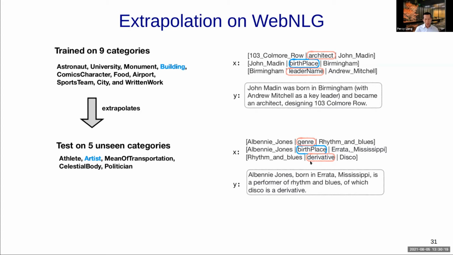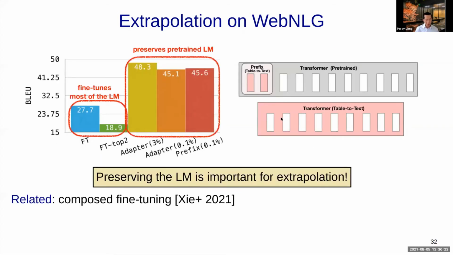So if you train on a disjoint set of categories and then test, we see something kind of interesting: adapter tuning and prefix tuning, which are the methods that preserve the LM as much as possible, work a lot better than full fine-tuning or fine-tuning only a subset of the parameters, which modifies all the parameters of the LM destructively.